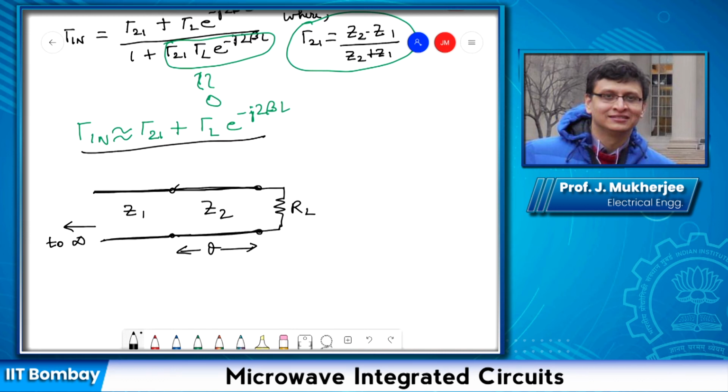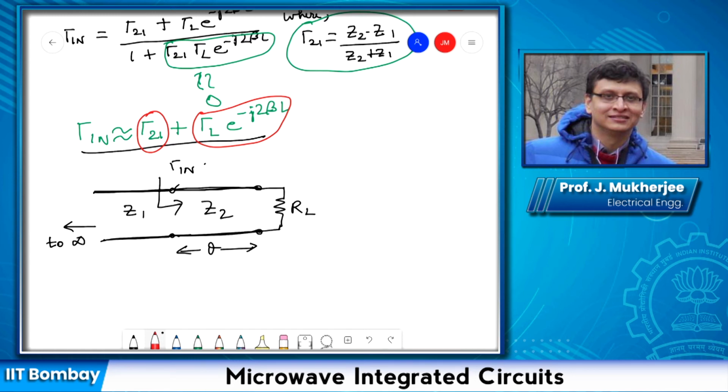See, gamma in, which is taken here, has two components: this gamma 21, and this gamma L e raised to minus j 2 beta L. If suppose there were no mismatch, then this gamma 21 would be equal to 0, and in that case gamma in would simply be equal to gamma L e raised to minus j 2 beta L, which is basically the equation that we know, isn't it?